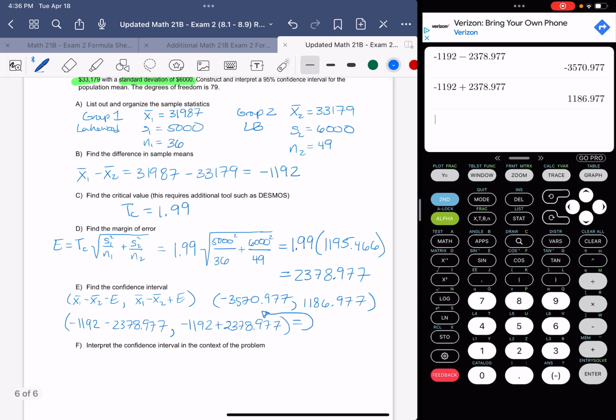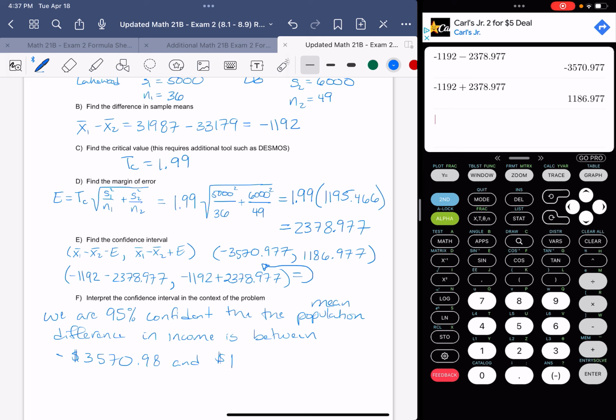We were subtracting them. So we're 95% confident that the mean difference in income is between negative $3,570.98 and positive $1,186.98.